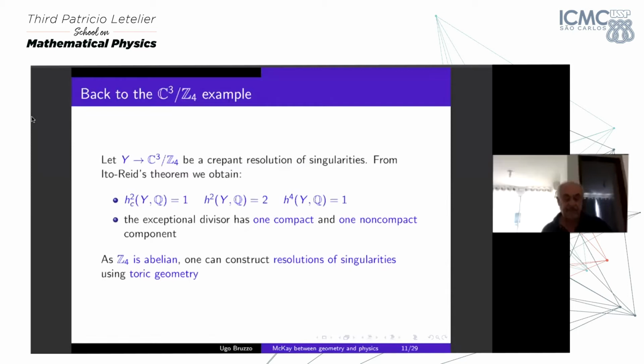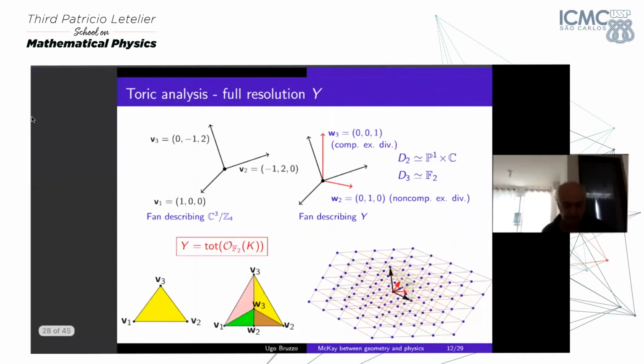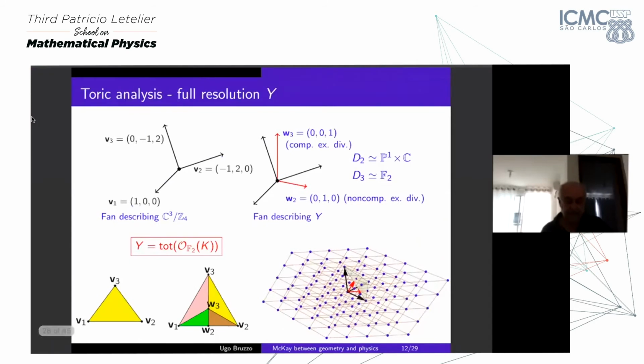Now, since Z4 is abelian, we can study the geometry of this problem using, again, toric geometry. And now again, in some way, I should get out of the hat a cone which describes C3 mod Z4.